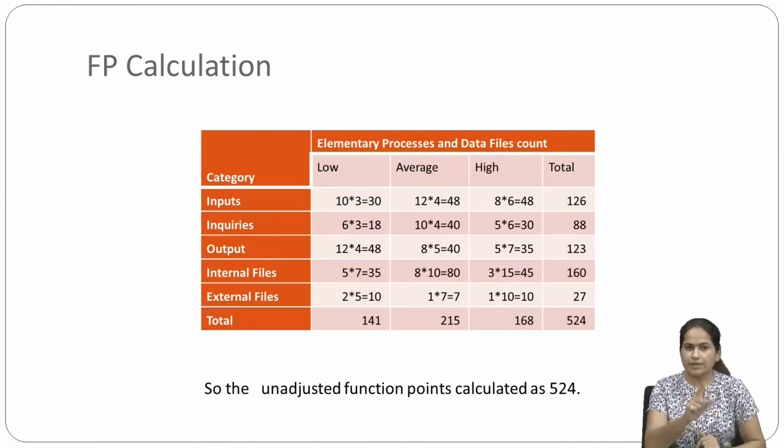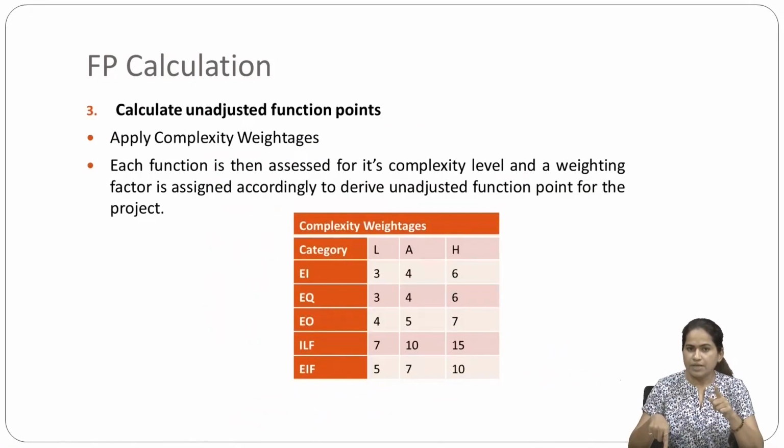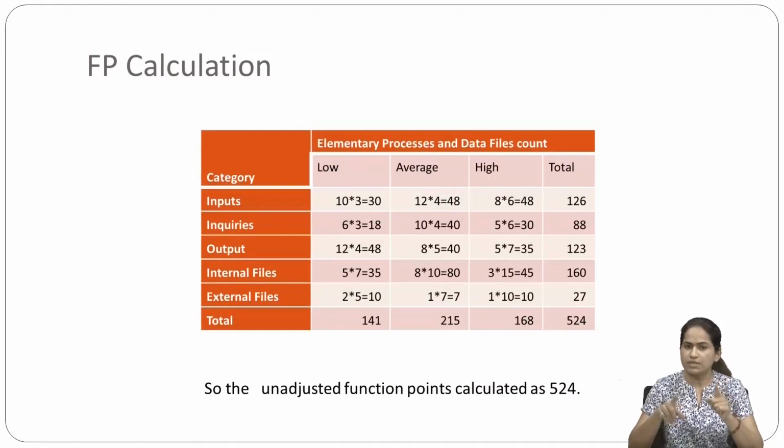Now here you can see the calculation of unadjusted function point. What have we done? Whatever input files we have, here you can see in the first one input is 10 and its weightage complexity is 3. So 10 into 3 is equal to 30, and so on.